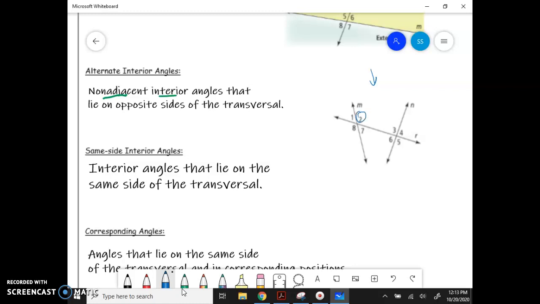So angles 2 and 6 would count as interior, non-adjacent. Those would be a pair of alternate interior angles. Okay, what would be the other one then? 3 and 7. Angle 3 plus angle 7. Okay? All right.